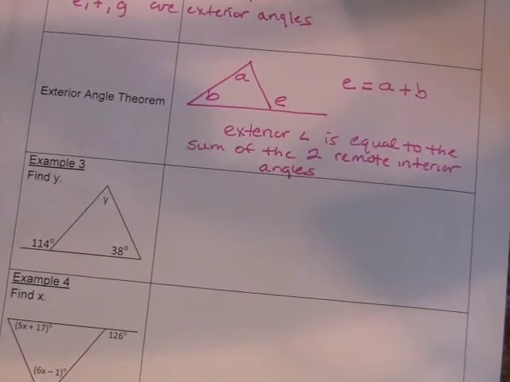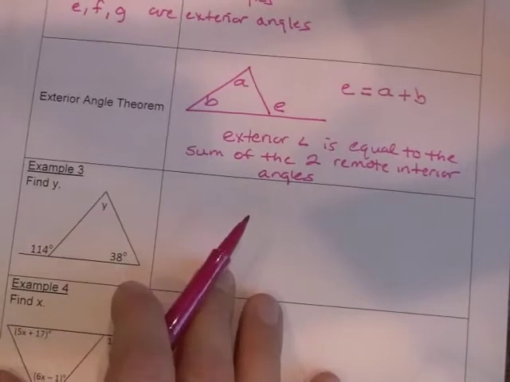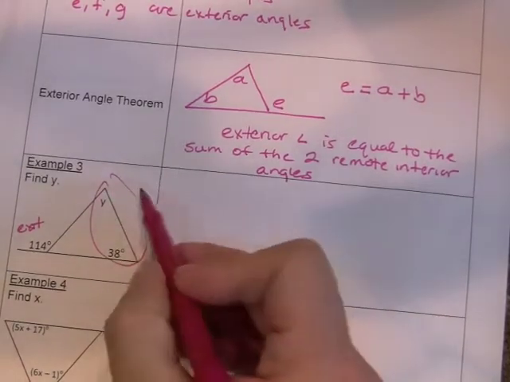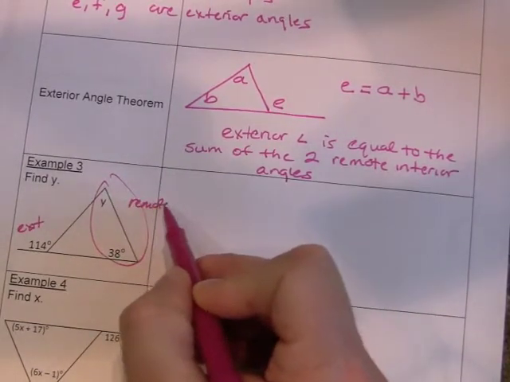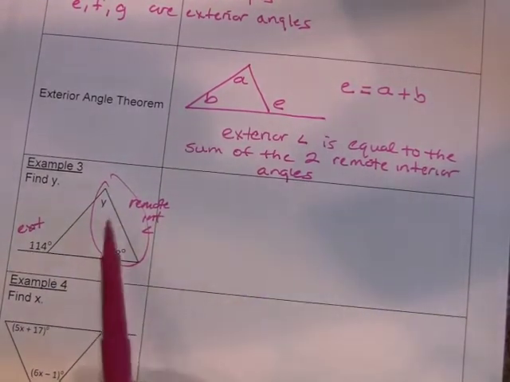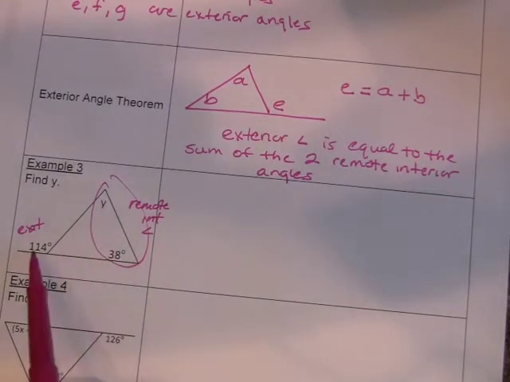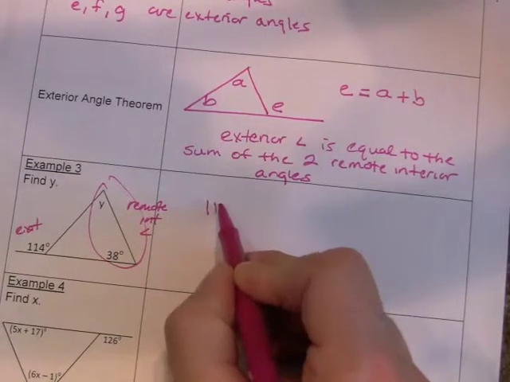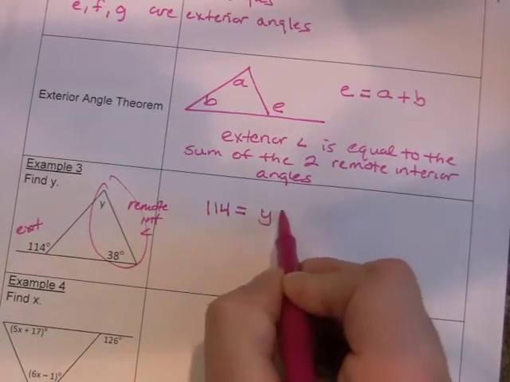So we can apply that in example number 3. In example number 3, we've got our exterior angle, the 114. And these two angles right here, these are your remote interior. So we know if we add the remote interior together, it will equal the exterior angle. So we know that 114 must equal y plus 38.